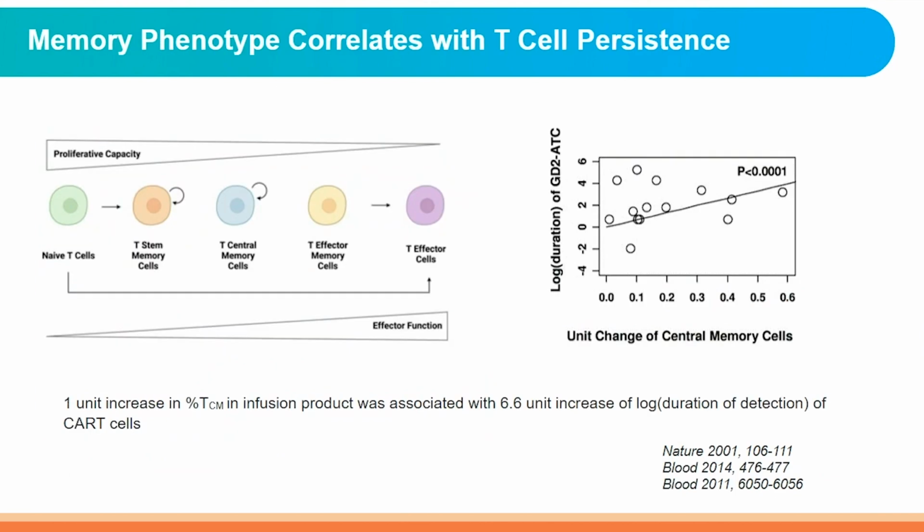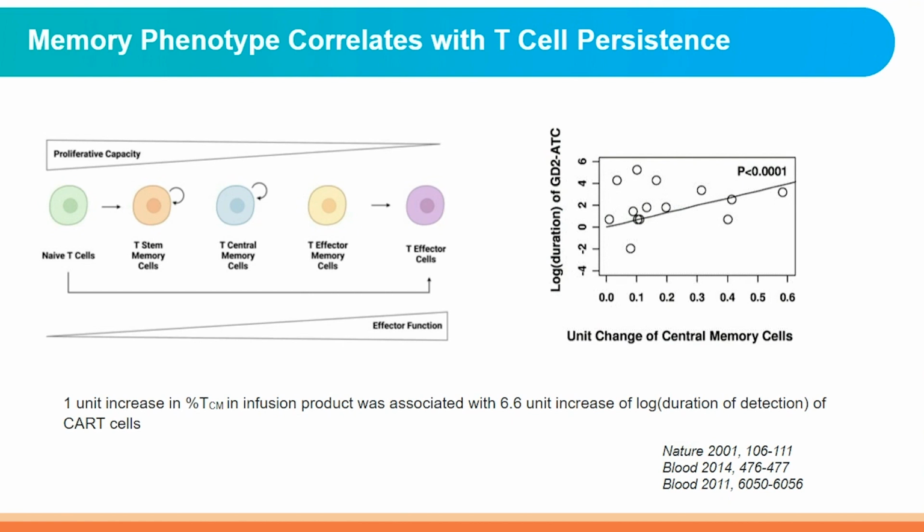Several factors could contribute to the T cell expansion and the persistency in vivo, including cell dose, tumor burden, conditioning regimen used for lymphodepletion, and cell product characteristics. It has been well studied that the T cell persistency correlates with the memory phenotype of T cell product. The cartoon on the left shows the proliferation capacity and effector function of different T cell phenotypes.